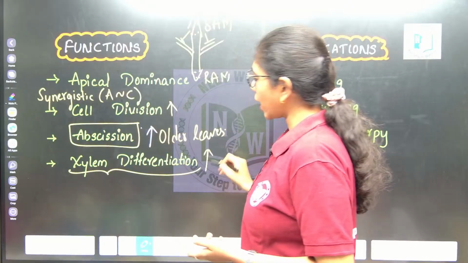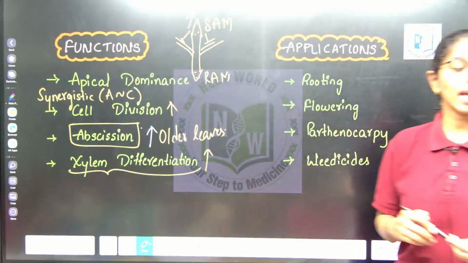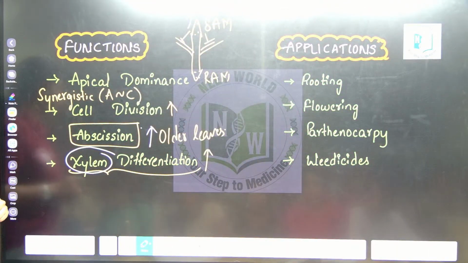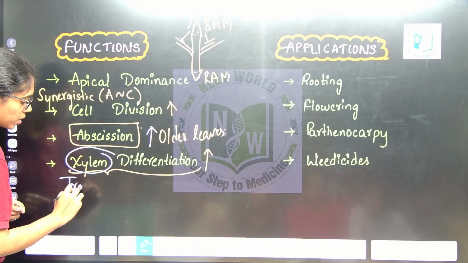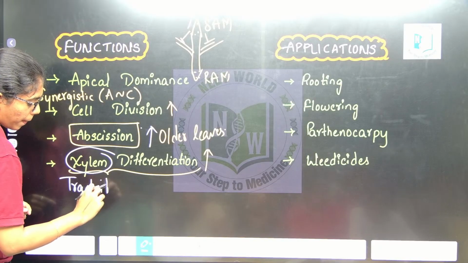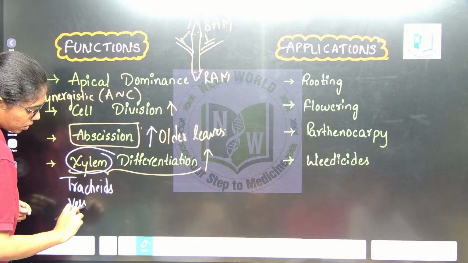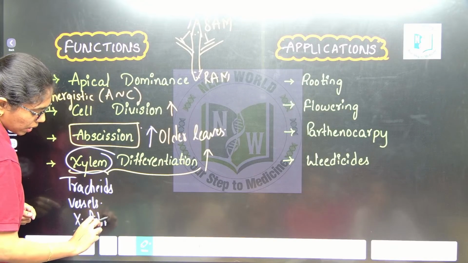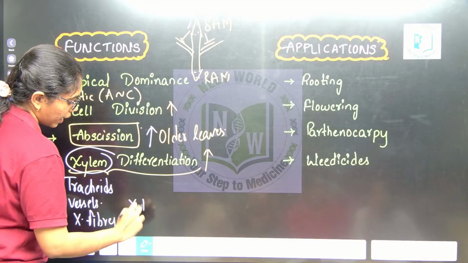Auxin promotes xylem differentiation. How many tissues does xylem include in an angiosperm? Xylem is a complex tissue, yes or no? It includes tracheids, vessels, xylem fibers and xylem parenchyma.